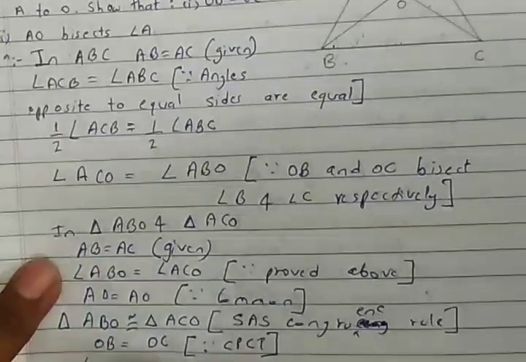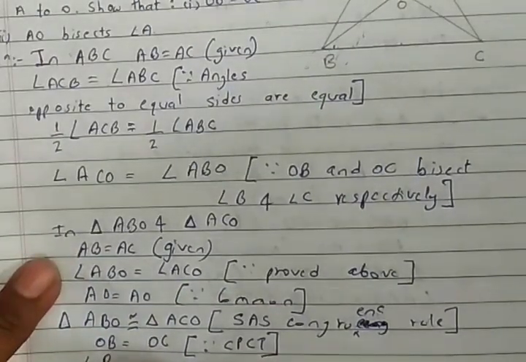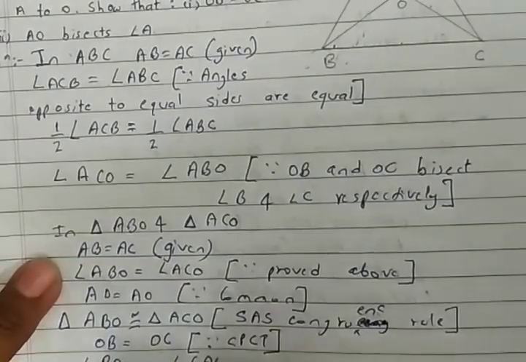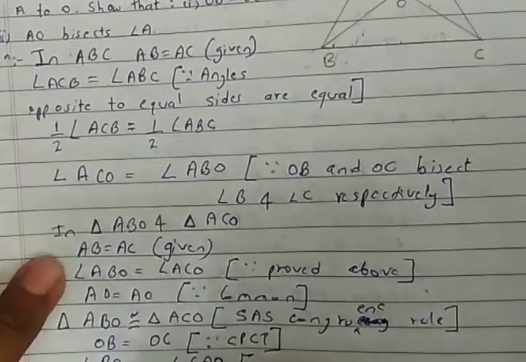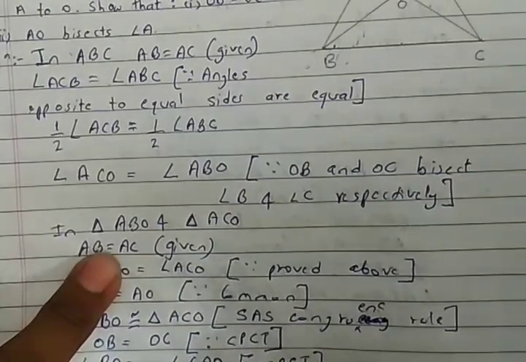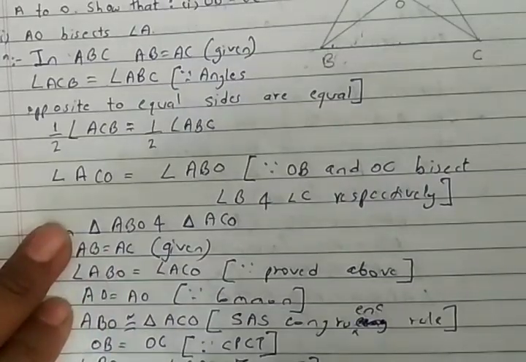And angle BAO equal to angle CAO. This can also be proved by corresponding parts of congruent triangles, right?